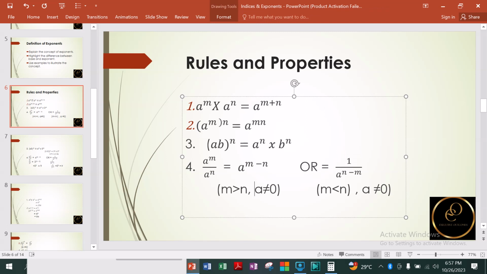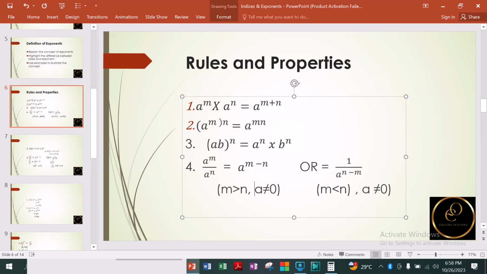Now again, the other point is that a should not be equal to 0. If a is equal to 0, the expression becomes undefined, because even if you multiply 0 several times, how much is that? 0 is 0. So that becomes undefined. So the base should not be equal to 0 in this particular case.